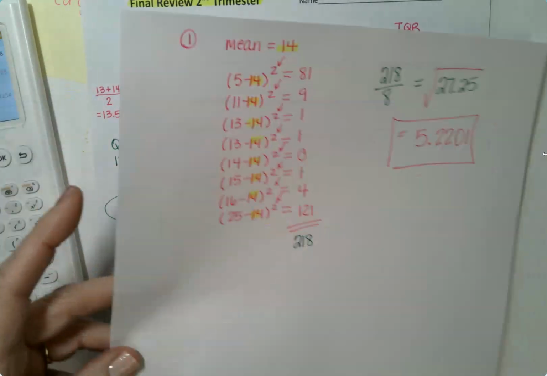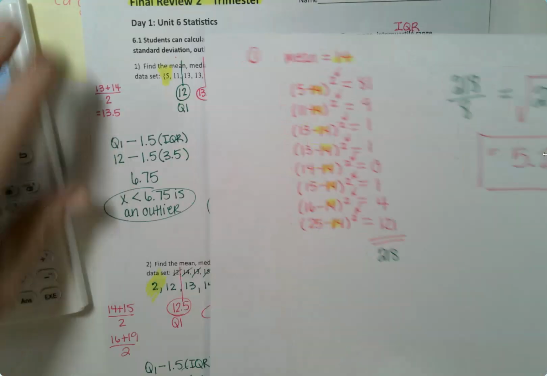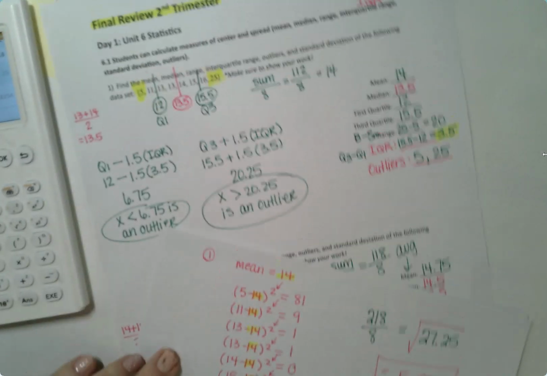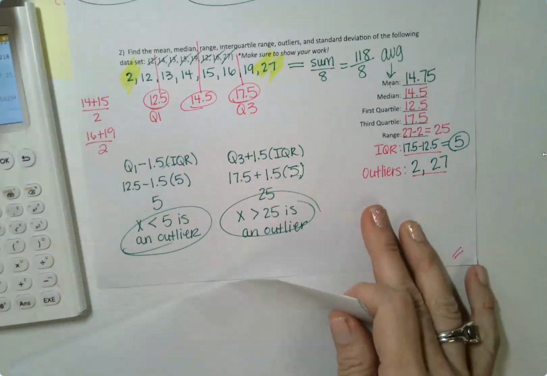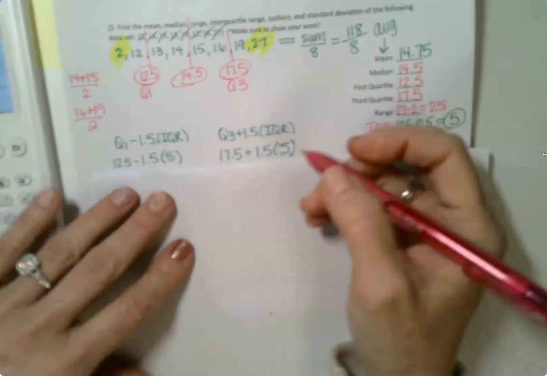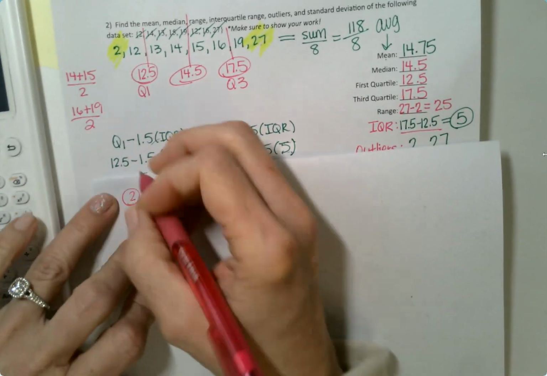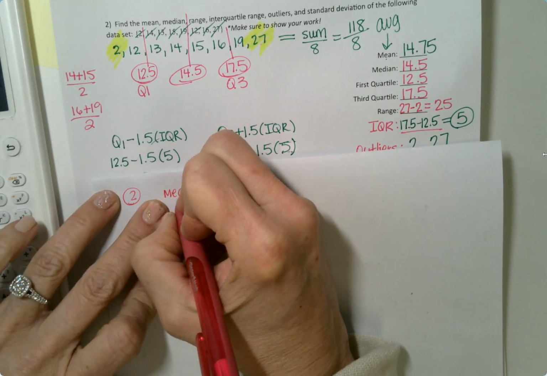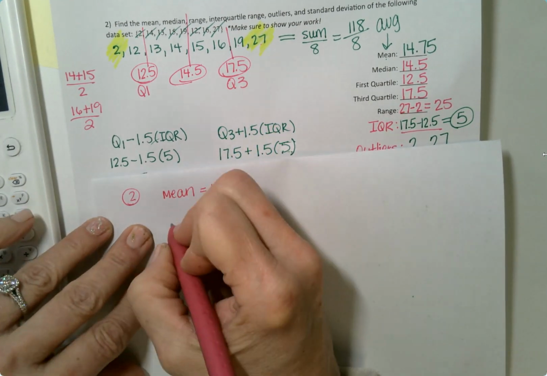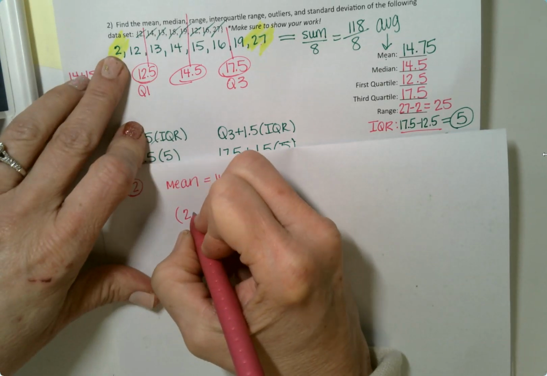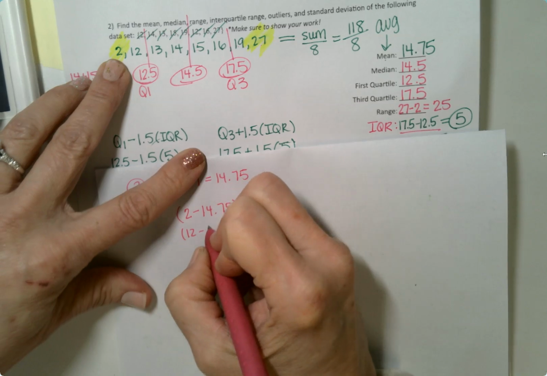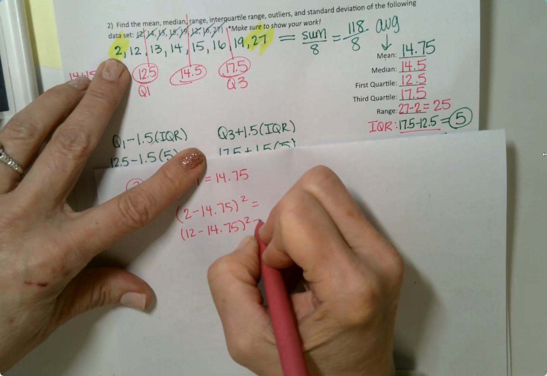All right, now we're going to do the same thing with number 2. Okay, so this is number 2. We know that our mean is 14.75. Now let's see, 2 take away 14.75 squared. We're going to go down the same row again like we did in the first one.